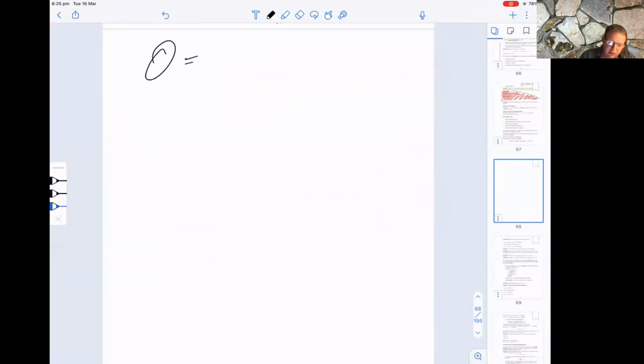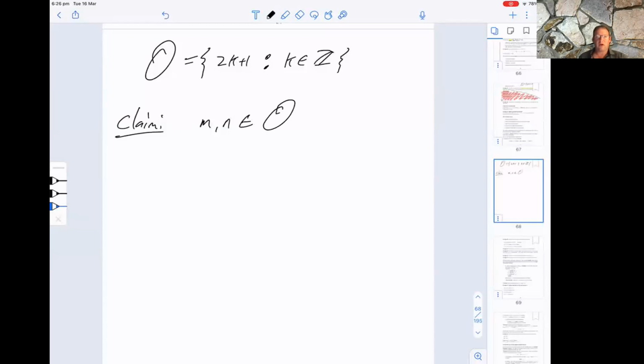Now the claim is: if m and n are in the odds, then mn is in the odds. That's the claim. So let's prove it. Proof.